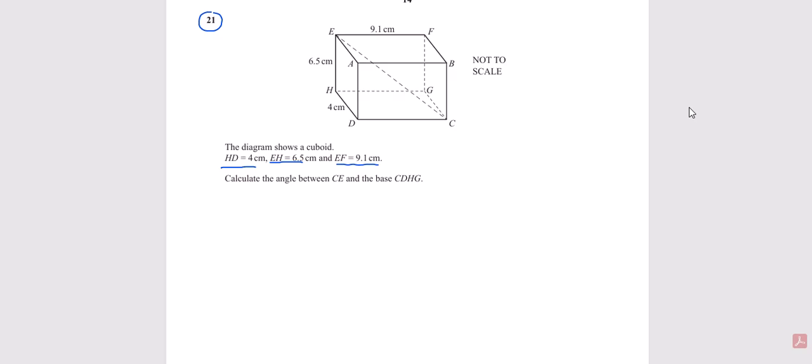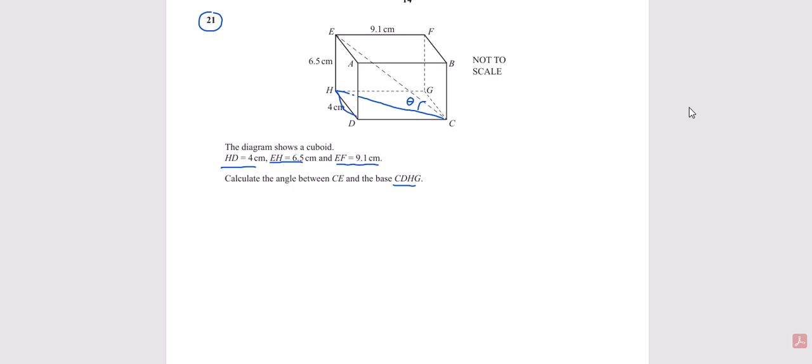Calculate the angle between CE and the base CDHG. So first of all, we draw this line. We find this angle. Let me say that this is theta.